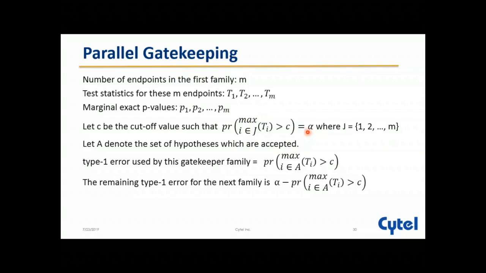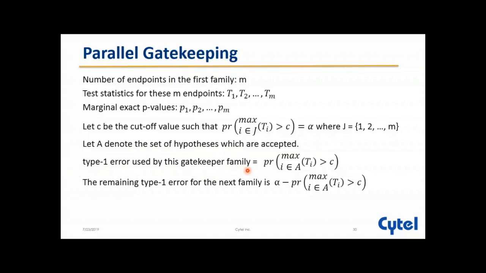Now, out of these m endpoints, some endpoints are significant and suppose some are not significant. So for the endpoints which are not significant, the null hypothesis will be accepted, and if A is the set of such hypotheses which are accepted, that means the p-value was not significant, they have utilized some type 1 error.